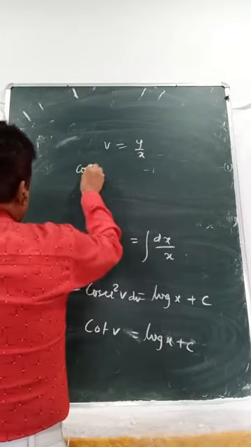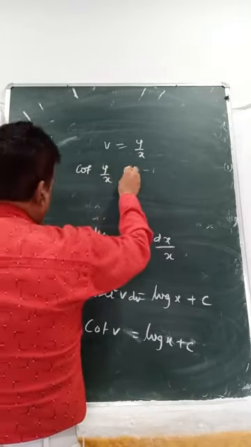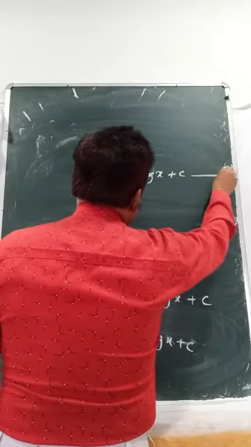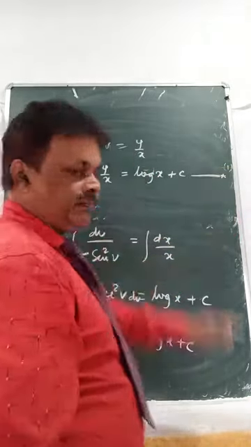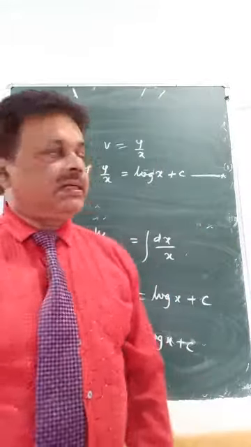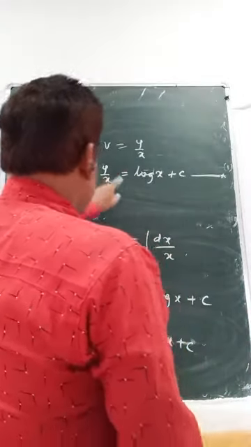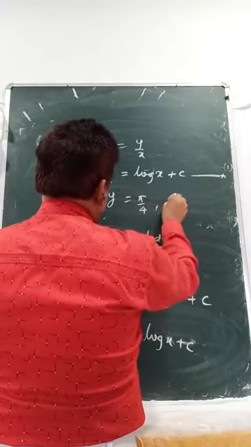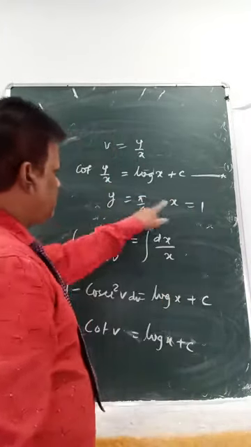So cot y by x equals log x plus c. This is your general solution. But you have to find the particular solution. You are given y equals pi by 4, x equals 1. This is what you have to put here.